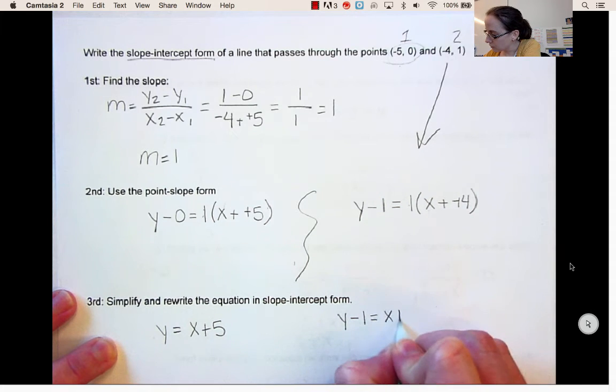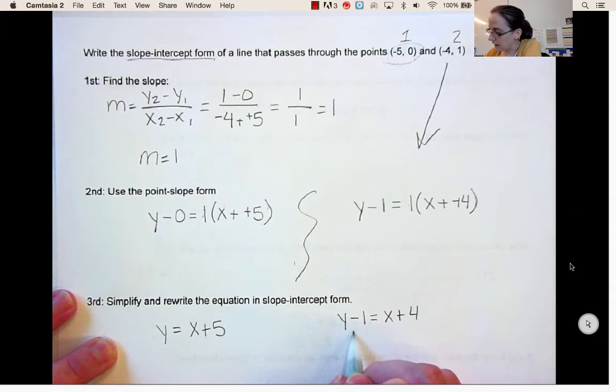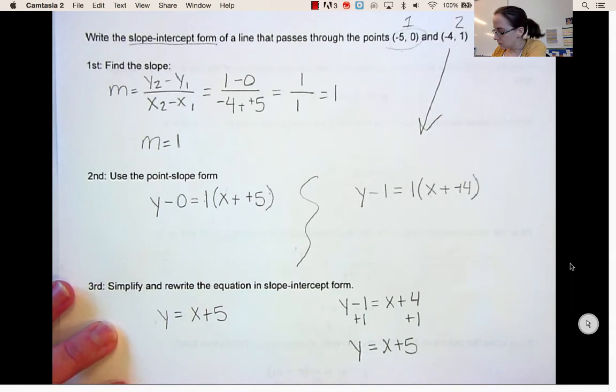So x plus 4. We would need to add the 1 to both sides, and y would equal x plus 5. So in this case, they're going to work out to be the same result, or in any case, they will work out to be the same result no matter which point you choose.